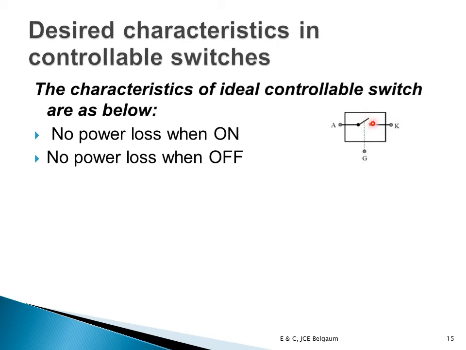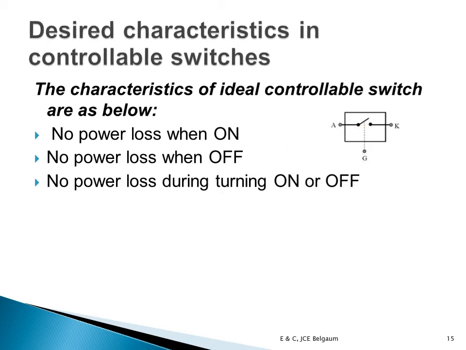So even if I say this electronic switch is off, there will be a very small leakage current, microamperes, still flowing here, and that will contribute to power loss. Ideally I want that current to be zero. Under ideal conditions, there should be no current flowing between anode and cathode when the switch is off.